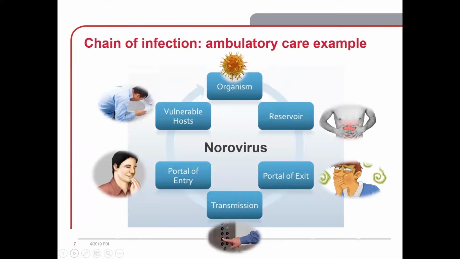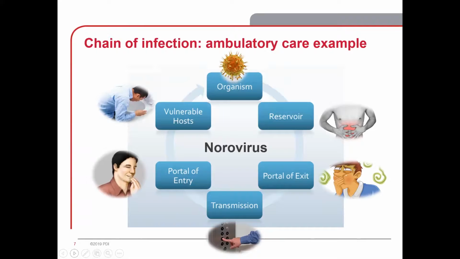The portal of exit for that organism to come out from the reservoir is unfortunately through vomiting and diarrhea. And as the person is getting sick, it can be projected out in droplets and really contaminate not only the patient's hands, but also the environmental surface around that patient.